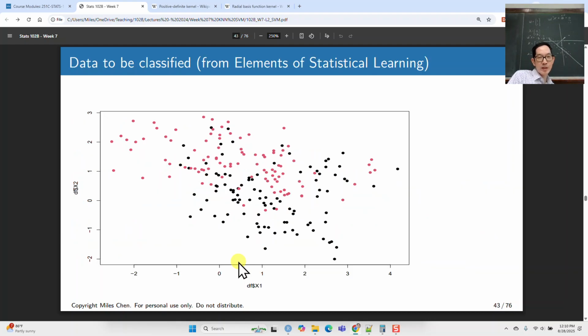Okay, so here's some arbitrary data. This comes from Elements of Statistical Learning, and let's say we want to draw something that's going to separate red from black.